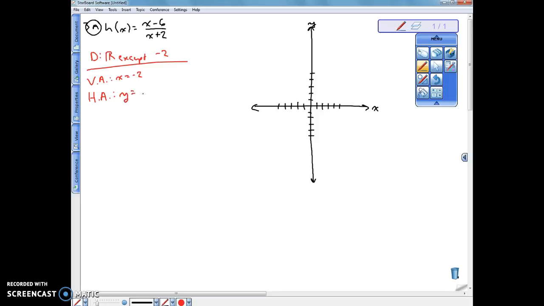So I end up with y equals 1 over 1, or just 1 as my horizontal asymptote, okay? So I can plot those. My vertical at -2 and my horizontal at y equals 1.